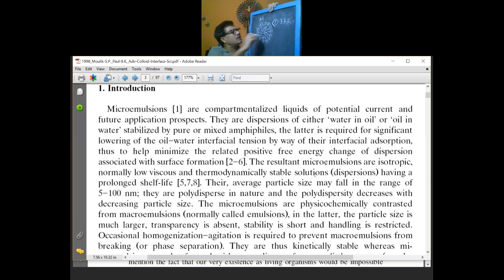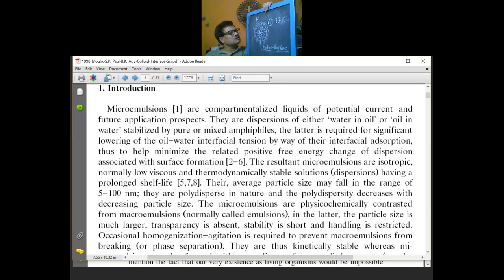On the other hand, the core of the micelle is highly hydrophobic, and this is the reason for which we can use micelles or surfactants, or commercially we call them detergents when they are synthetically prepared.